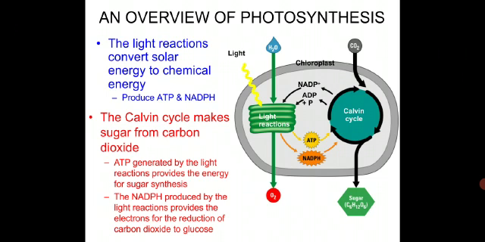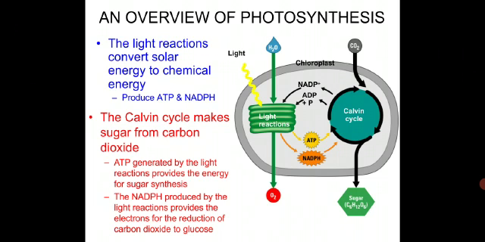So the oxygen is released as a byproduct into the atmosphere, while the hydrogen is absorbed by NADP to form NADPH. So two are the products of the light reaction, NADPH and ATP, which are used in the dark reaction of photosynthesis.